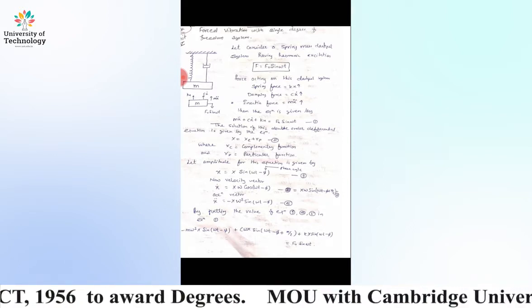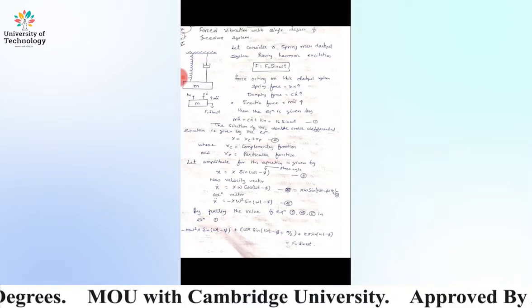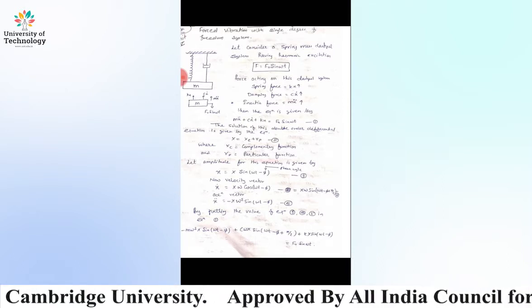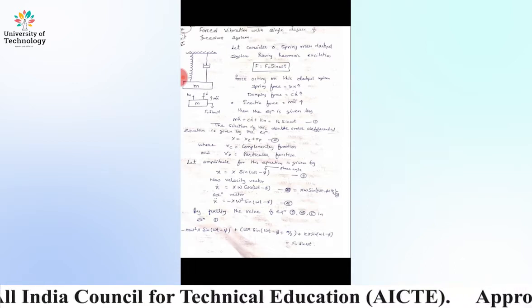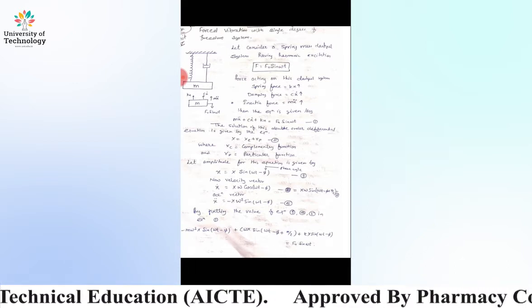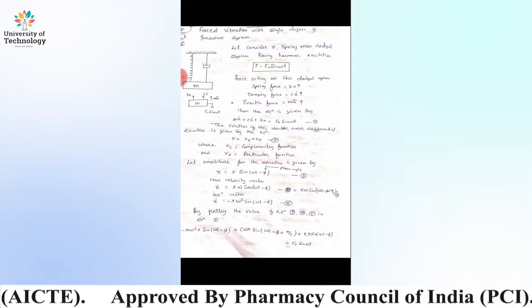A force F is equal to F naught sin omega t is applied on the mass m. The force will be acting in the downward direction.